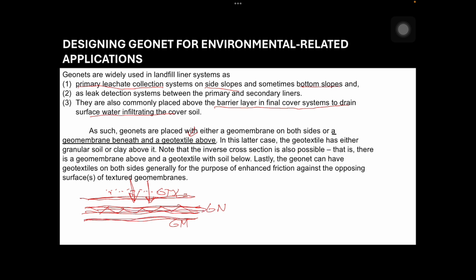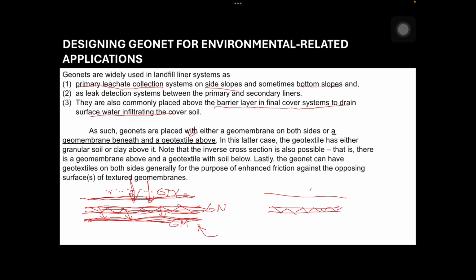And then geomembrane, this make sure na kahit may lumampas dito na leachate or yung mga chemicals from your landfill, okay lang kasi geomembrane can handle this. Parang ito ang mas magandang, para sa akin lang, na setup ng mga geosynthetics na kumpara dun sa geotex ka dito.